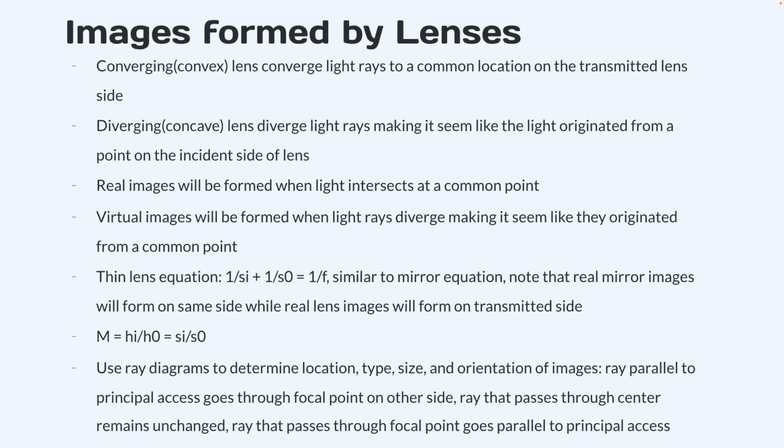Converging or convex lenses converge light rays to a common location on the transmitted lens side. Diverging or concave lenses diverge rays, making it seem like the light originated from a point on the incident side of the lens. This is sort of the opposite of mirrors. Converging mirrors are concave mirrors, but converging lenses are convex lenses. So real images will be formed when light intersects at a common point.